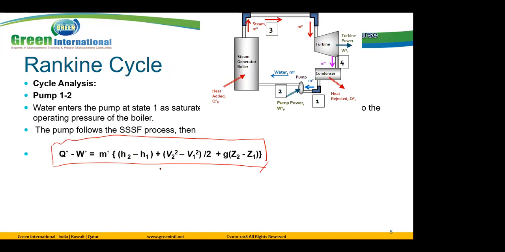Potential is rho g h, and kinetic is half m v squared. Normally these do not change, so we consider them as 0, and the only effect is enthalpy, which is internal energy plus flow energy.